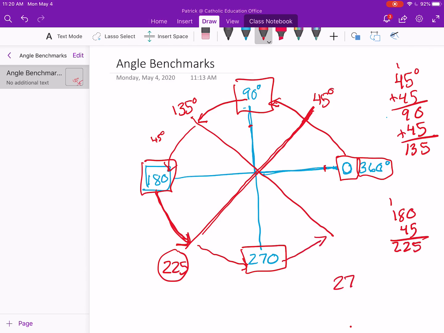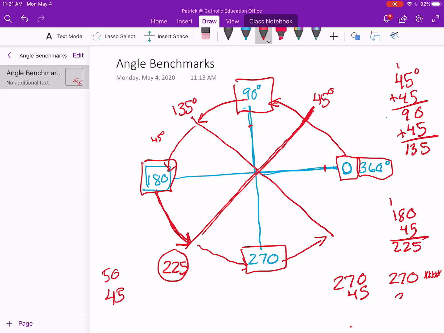So 270 plus 45. Some people go, well, 45 is close to 50. So some people add 50 and then take away 5. So if I had 270, and I'm going to add 50, which is 5 more 10s, so 270, 280, 290, 300, 310, 320.